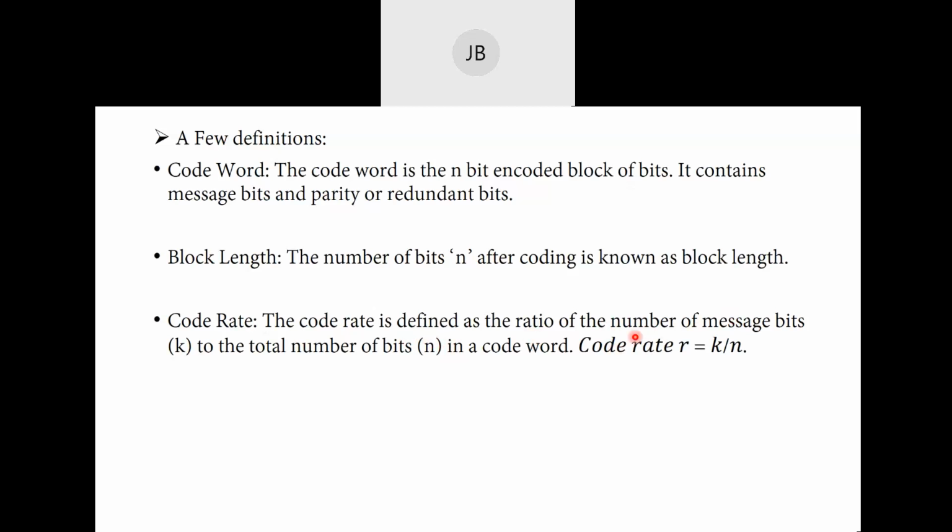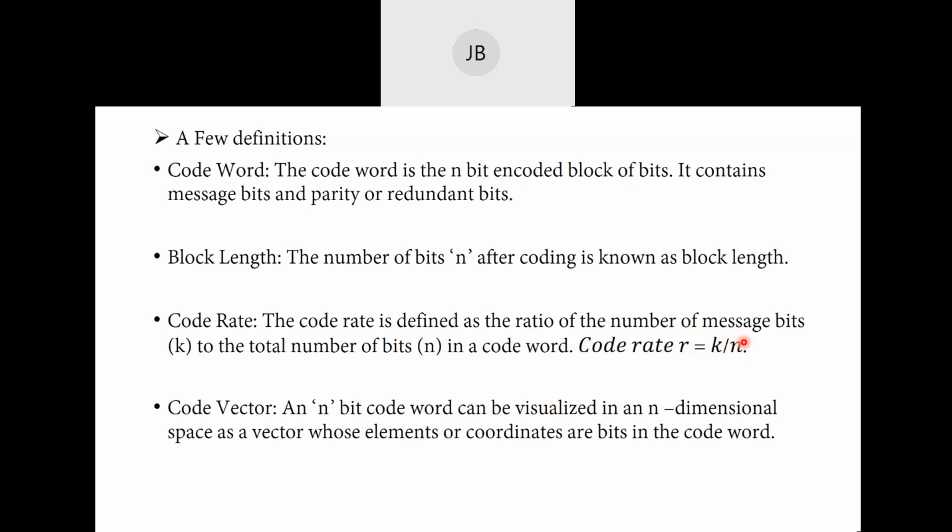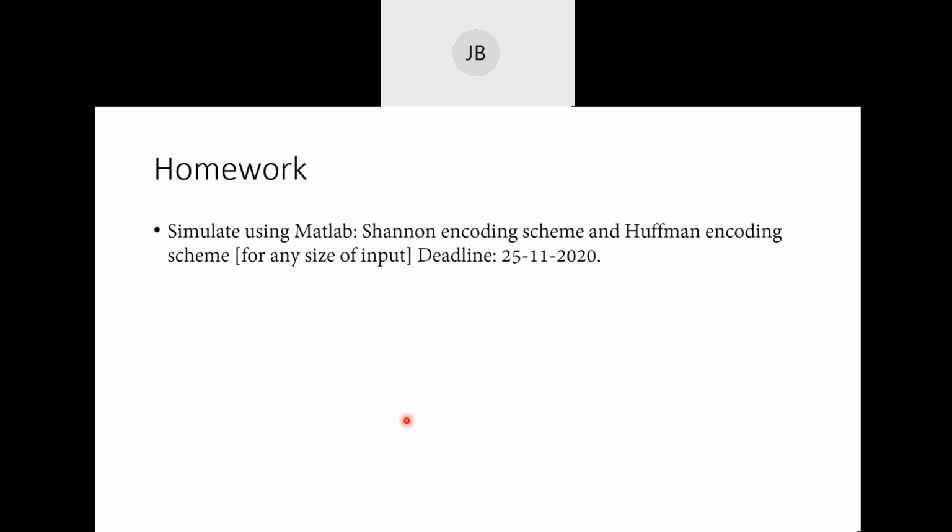For example, code rate R is nothing but k by n. k is the input bits and n is the total number of bits in the encoded sequence. And what is a code vector? An n-bit code word can be visualized as an n-dimensional space vector. So basically, the code vector indicates the size of the encoded sequence.